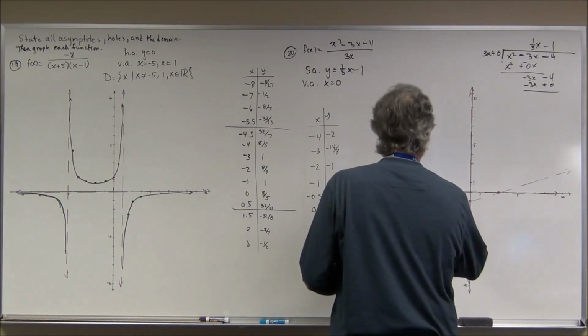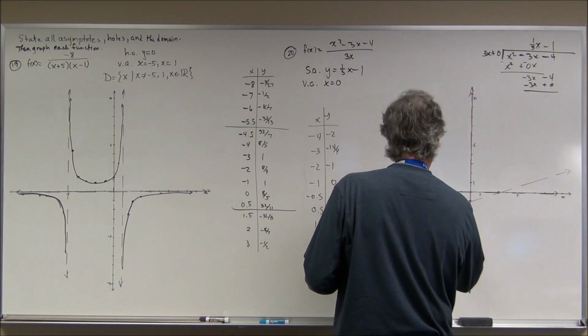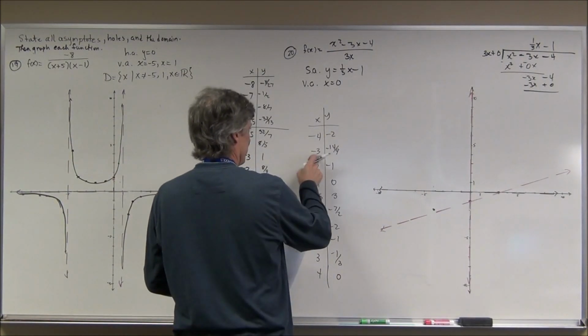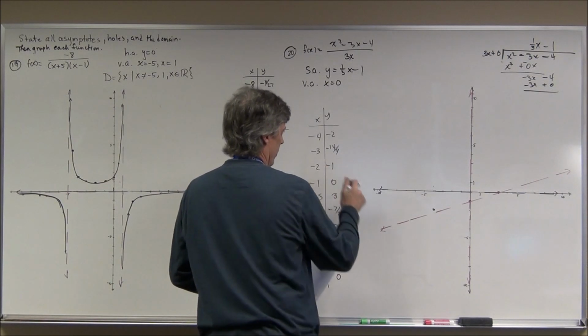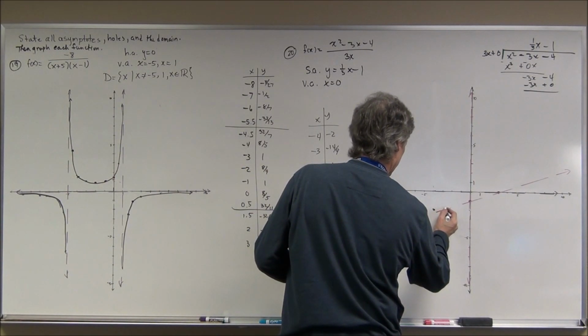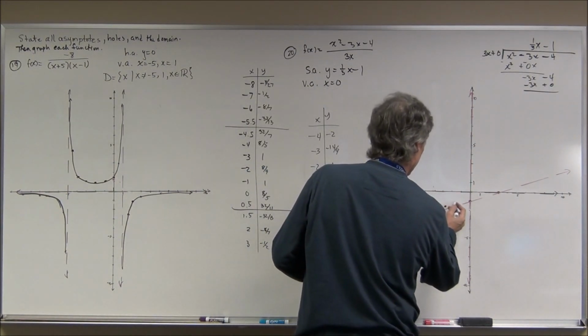So negative 4, negative 2 is just barely above the line, the dotted line. Negative 3, this is like negative 1.5. So that'd be about here. This is negative 2, negative 1, that'd be about here.